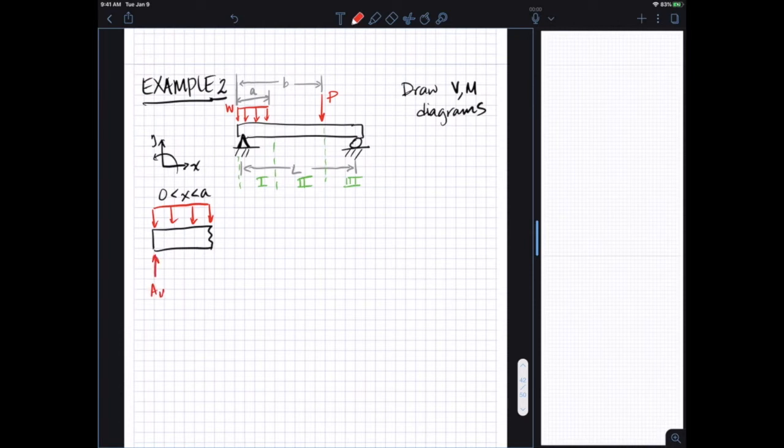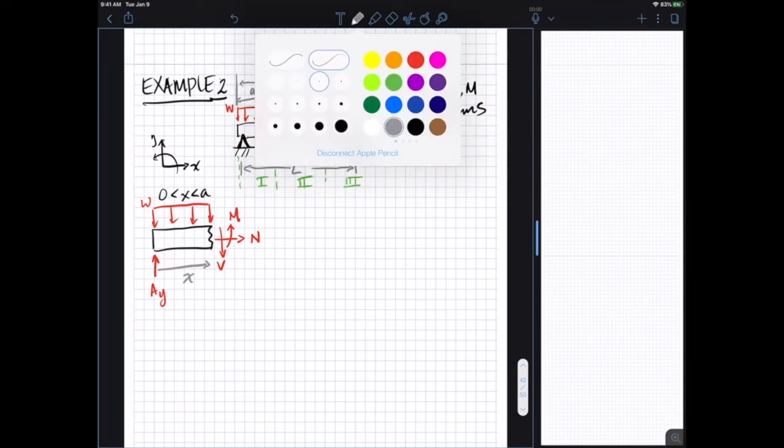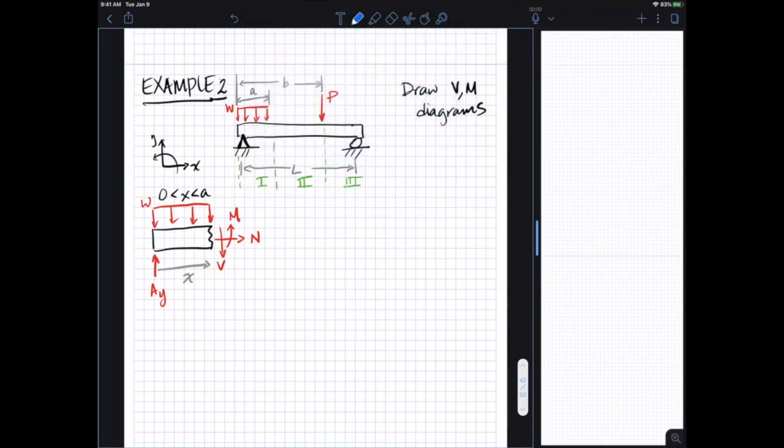I'll have AY, I'll have W, whatever value that is, internal loads, a normal, shear down, and a moment. And this is our distance X here. If you're not convinced, you can draw this free body diagram for a section that's just like this or like this, but they will all look exactly like the one I just drew.